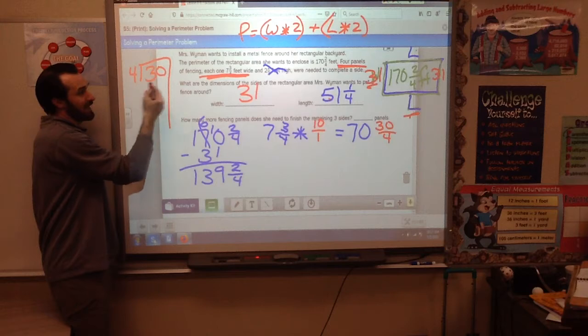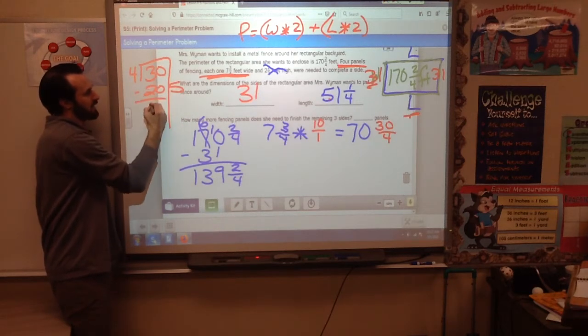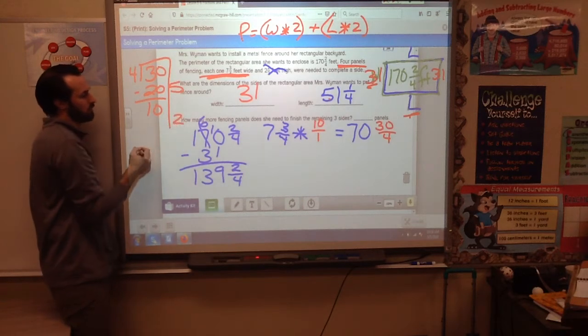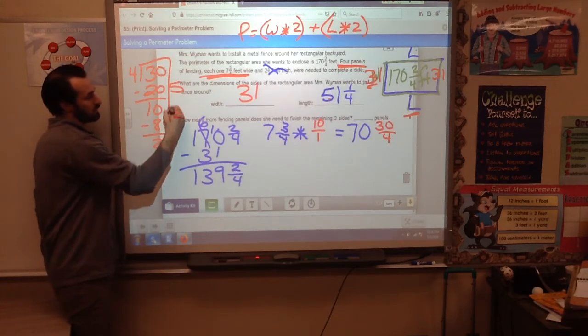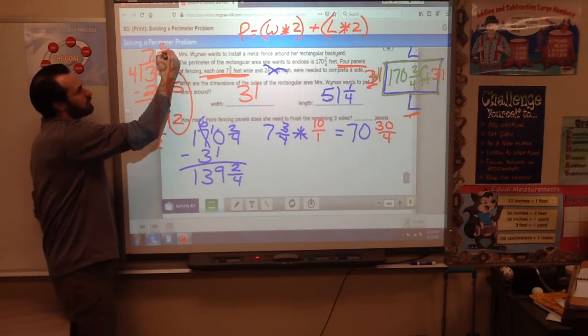Okay? We can't do 10, but I can do 5. 4 times 5 is 20, and I subtract, I get 10. How many 4s go into 10? 2. 4 times 2 is 8, and subtract. And 2/4 is left, so 30/4 is the same as 7 and 2/4.